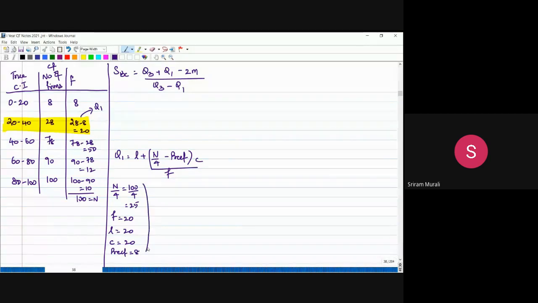If I substitute these things in our formula, L is 20 plus n by 4, 25 minus 8, by F into C. So answer should be 37. Am I right? Yes, sir. So what is Q2?